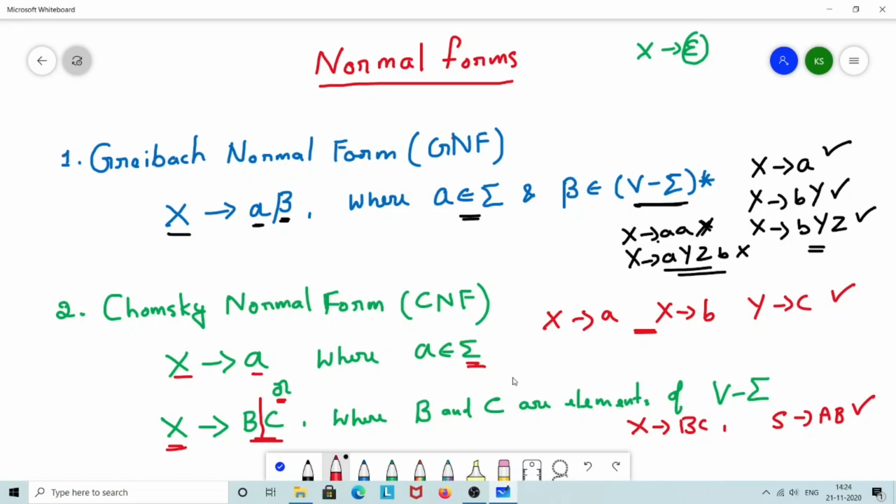So a decision procedure to determine whether a string w can be generated by the grammar is easier with Chomsky normal form. These are some of the applications of using normal forms. Especially, we will be focusing on Chomsky normal form.